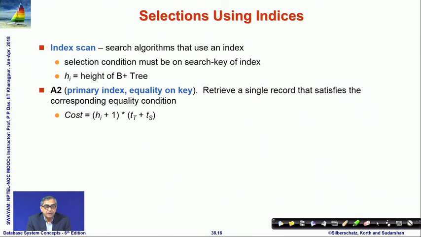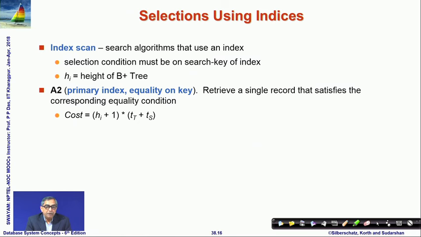In a B plus tree, if the height is hI, then we will be able to find the leaf node by hI block transfers, because hI is the height of the tree.